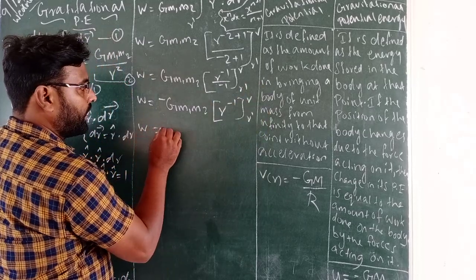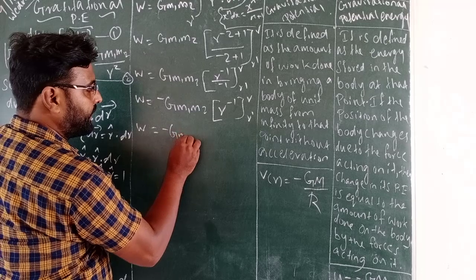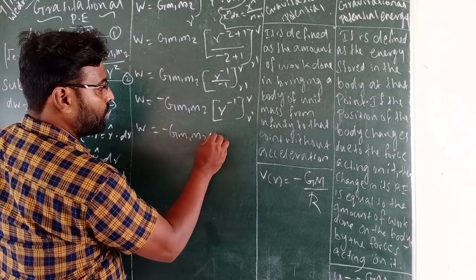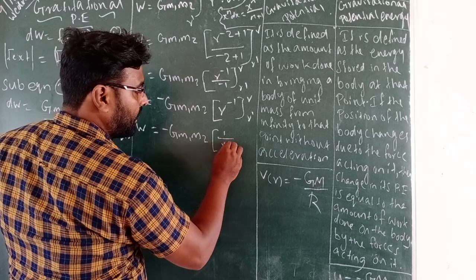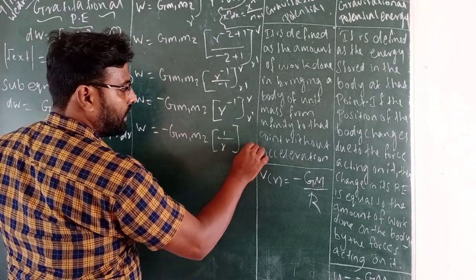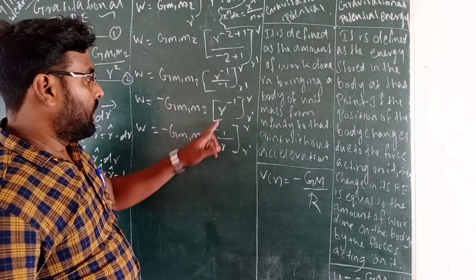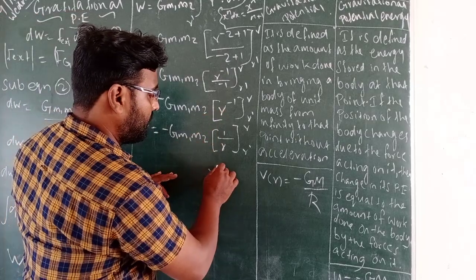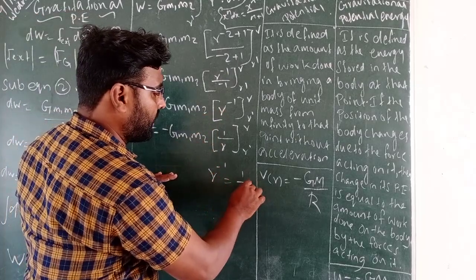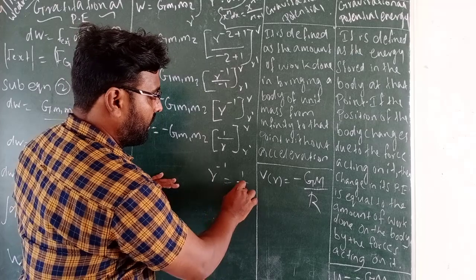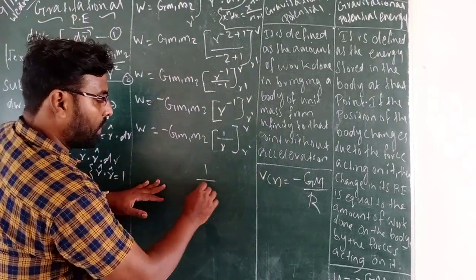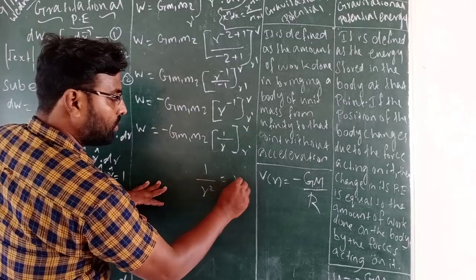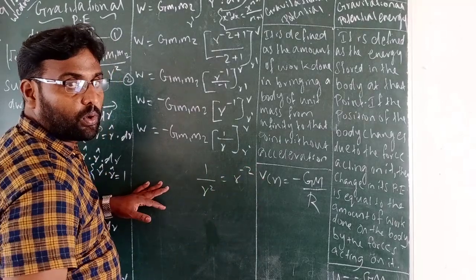Now what you can do is minus G M1 M2, we can write 1 by R, R dash to R. R power minus 1 we can write as 1 by R. That's what we have. Before we wrote 1 by R square is equal to R power minus 2.